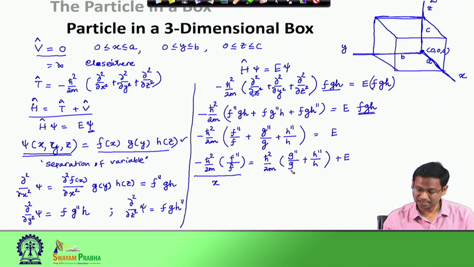The right hand side, of course, this is a constant, has some functions which depend on y, some functions which depend on z. So, in the left hand side I have functions which depend on x, the right hand side I have functions which do not depend on x, but depend on y and z.